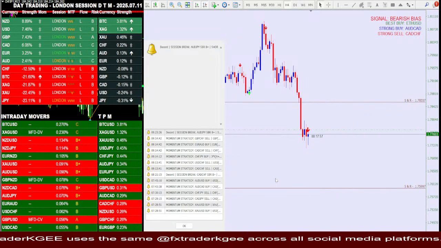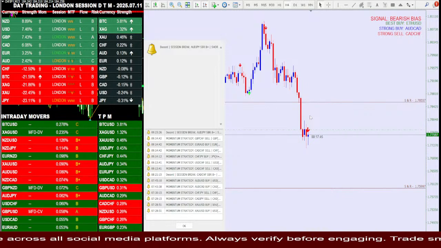But I'm saying that there's a possibility that there will be momentum, there will be volatility. Momentum is going to gather, and there's going to be plenty of volatility that will move the price possibly in the bullish direction.